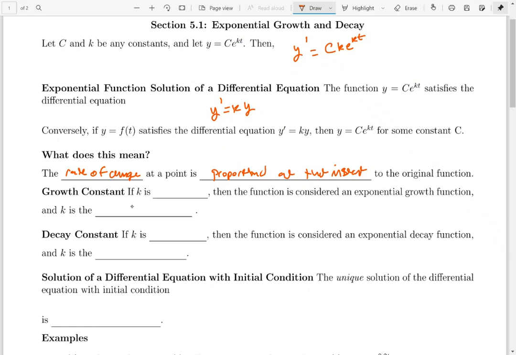And so if k is positive, then the function that we're referring to up here, y equal to c times e to the kt, is considered an exponential growth function, and k is the growth constant. Now, if k is negative, then the function is considered to be an exponential decay function, and k is the decay constant.